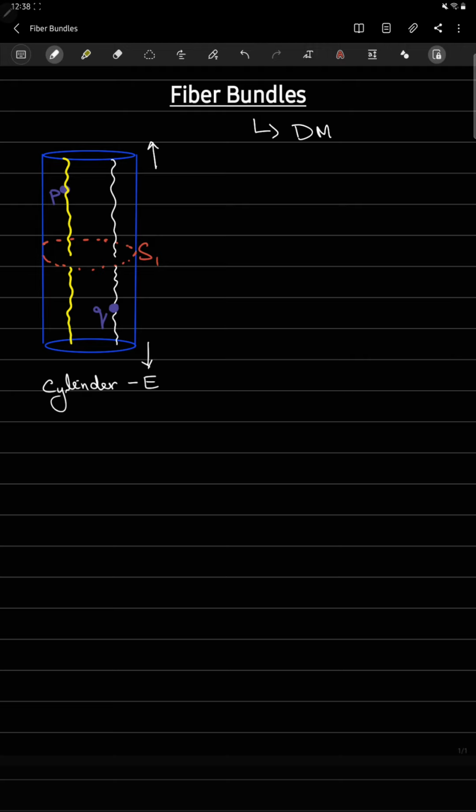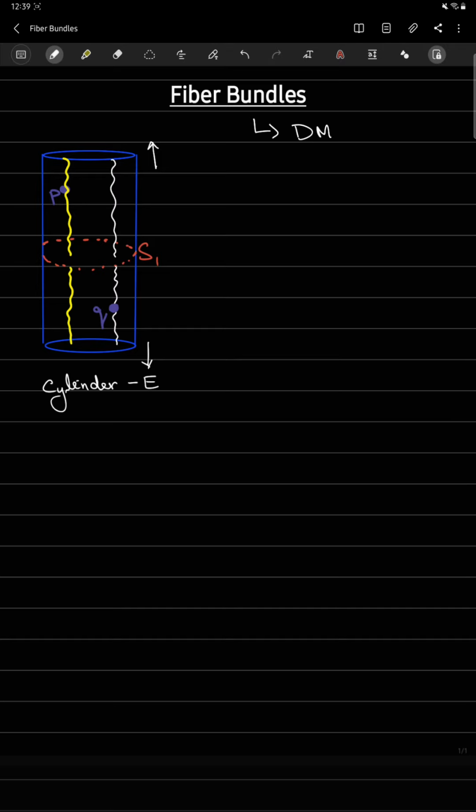So you are supposed to have a space that locally resembles a linear space, so that you can do calculus on that space.